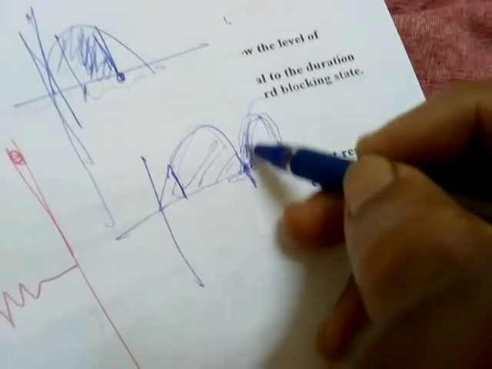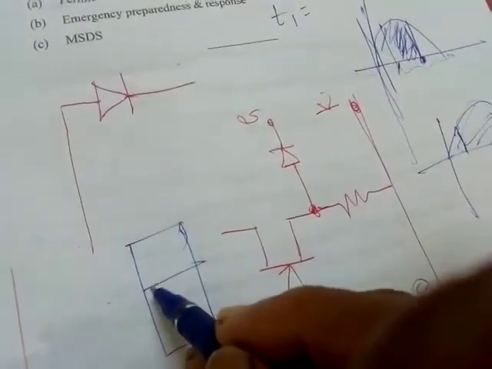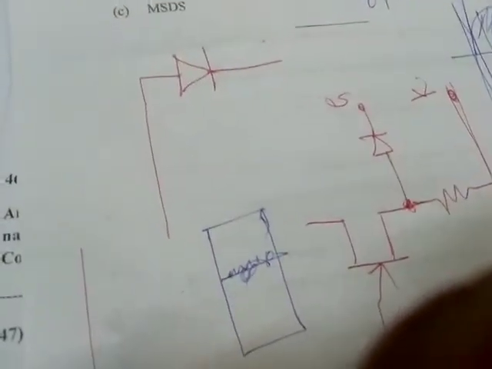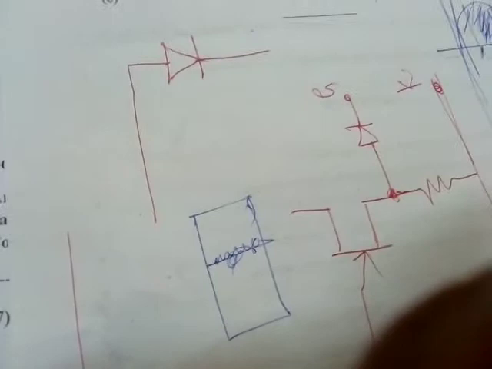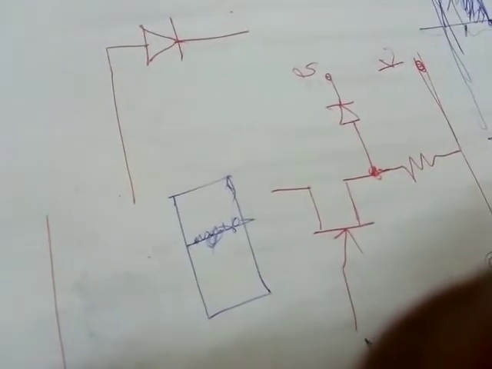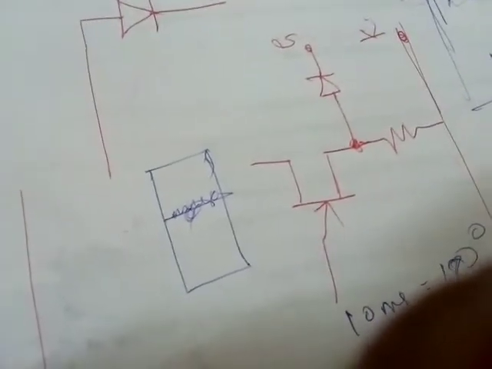without any gate pulse, because in an SCR, in the junction, there will be charge carriers. When you decrease the value of current below the holding current value, the current decreases, but some charge carriers are still left there, which are free to move.